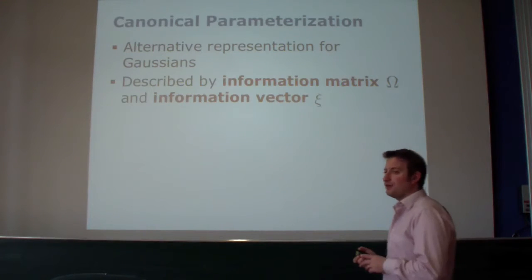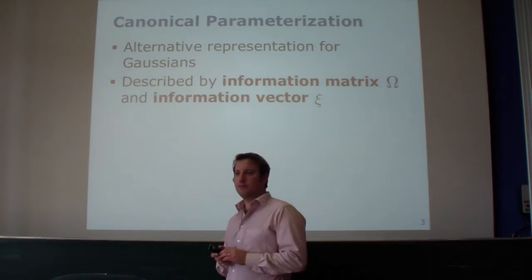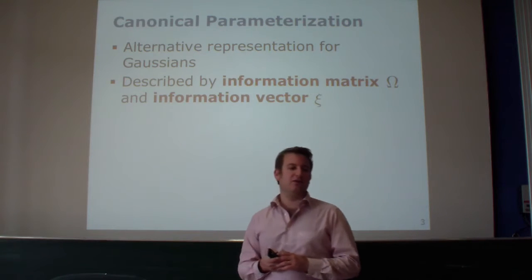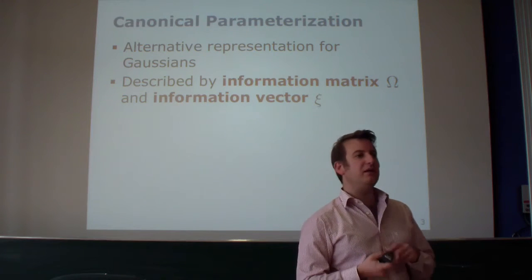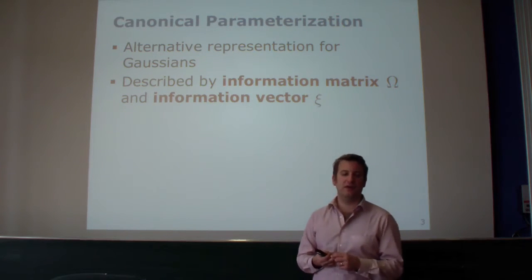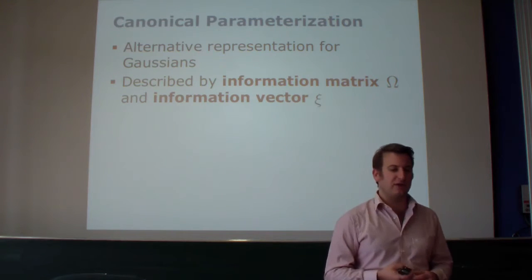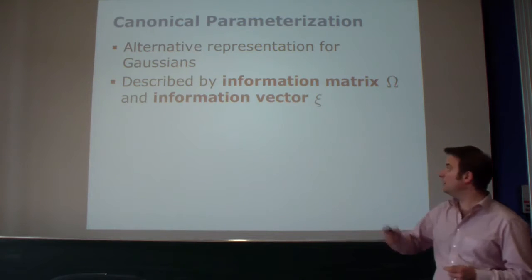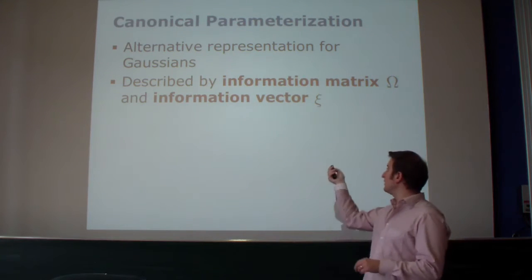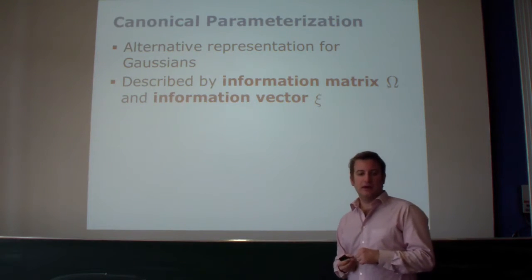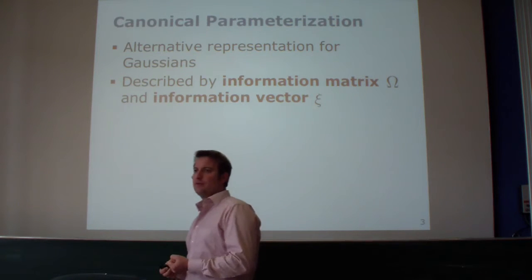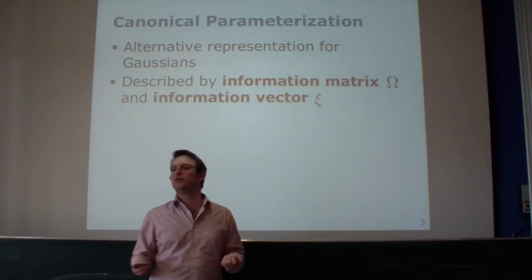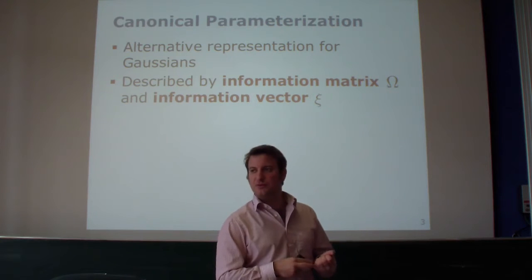You can also represent a Gaussian distribution in the so-called canonical parameterization. Instead of using a mean and the covariance matrix, the canonical parameterization uses the so-called information matrix, which is omega, and the so-called information vector psi. The canonical representation is just an alternative way of representing the Gaussian distribution.